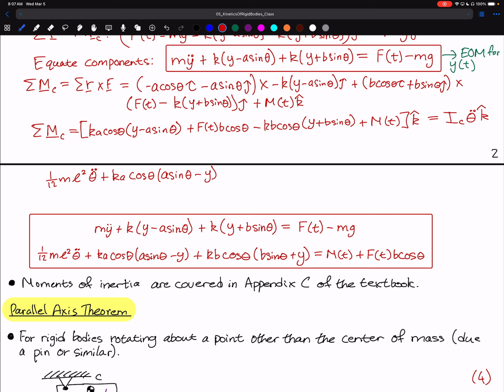So I brought this term over to the other side, and then I absorbed the minus sign and switched the order. And then we'll get plus kb cosine theta times y plus b sine theta, and this is equal to m of t plus f of t times b cosine theta.